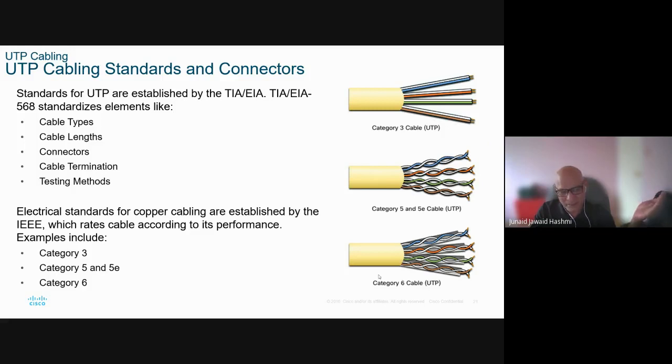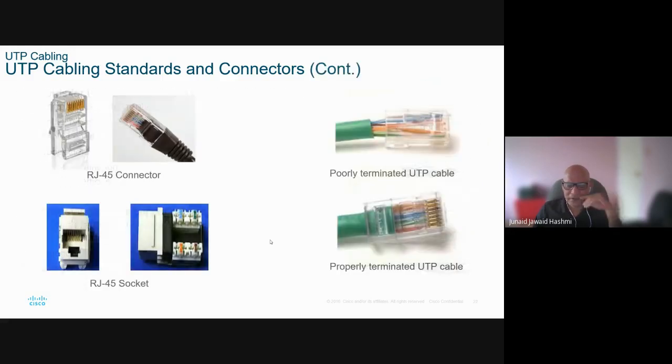And changing cables is expensive. So when you're installing the cable, when you're designing the network, you always go for the fastest cable available if you are anticipating growth, because probably the cost is not that much different. So these are the connectors you use in UTP cables.